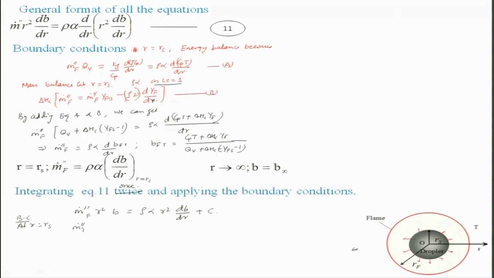What you are getting is basically m dot f is nothing but rho alpha dB by dr at R is equal to Rs, right?